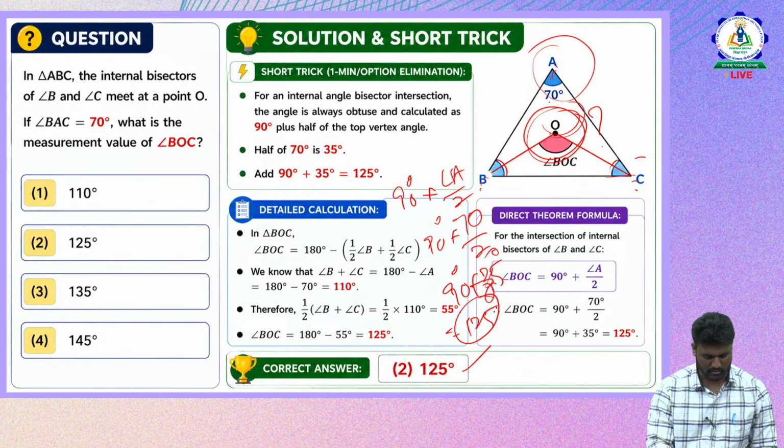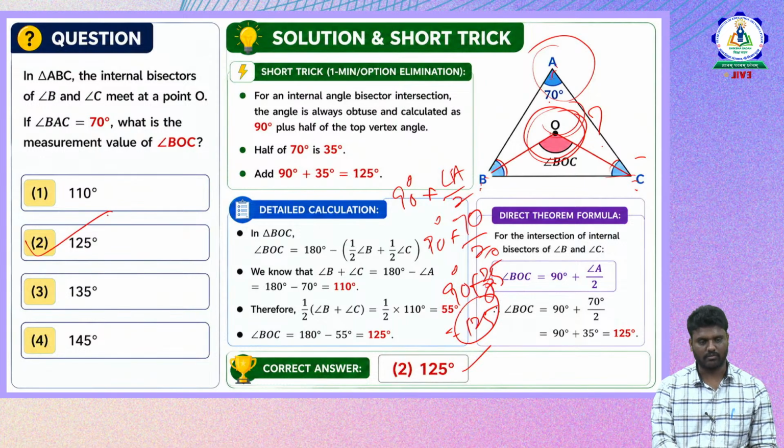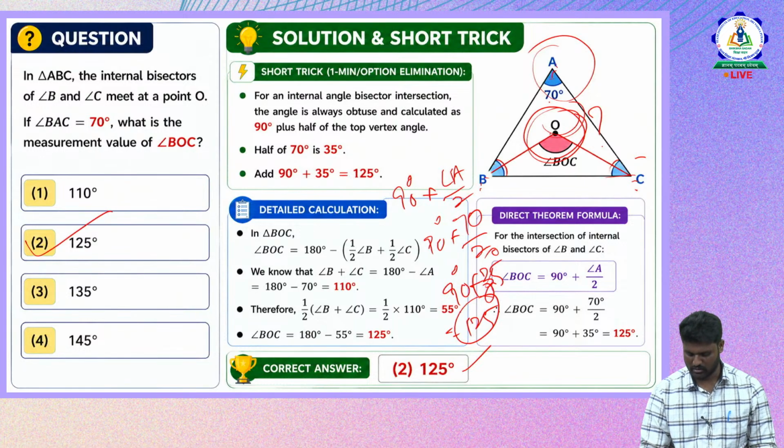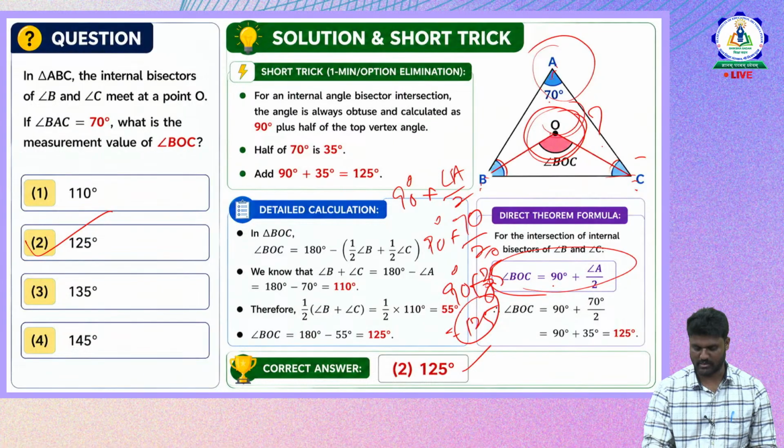Option 2, 125 degrees, is the correct answer. Just remember the formula for the internal bisector. Look at the angle they are asking for and identify the opposite vertex. The opposite vertex value will be given, so directly substitute it, do the division, simplify, and we get the answer.